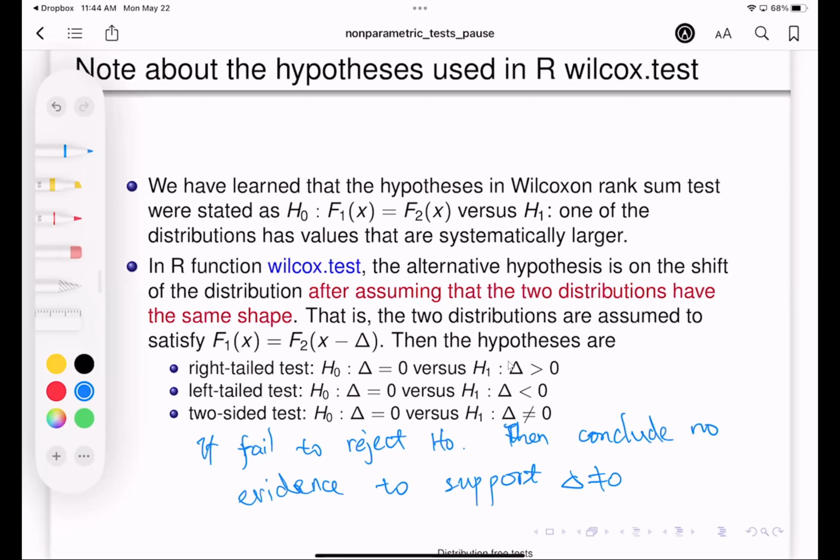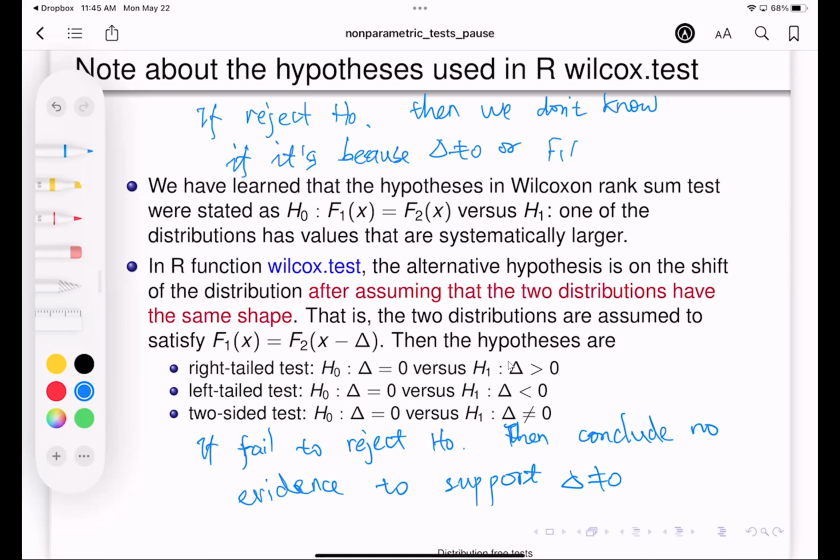But if you reject the null hypothesis, then we don't know if it's because the shift is not 0 or because F1 is not equal to F2(x minus delta), because that assumption is also part of this procedure.